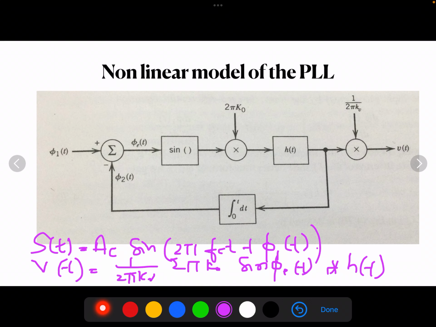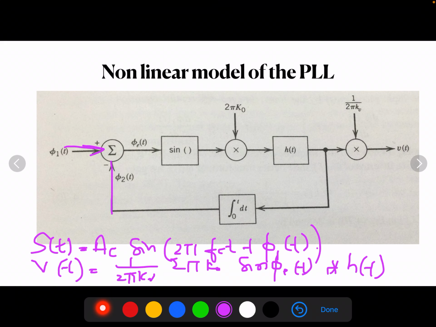Using this equation, we have a series of mathematical step by step solving. After doing that, we land up in this equation, which gives us the nonlinear model of the PLL, that is phi 1 of t and phi 2 of t.